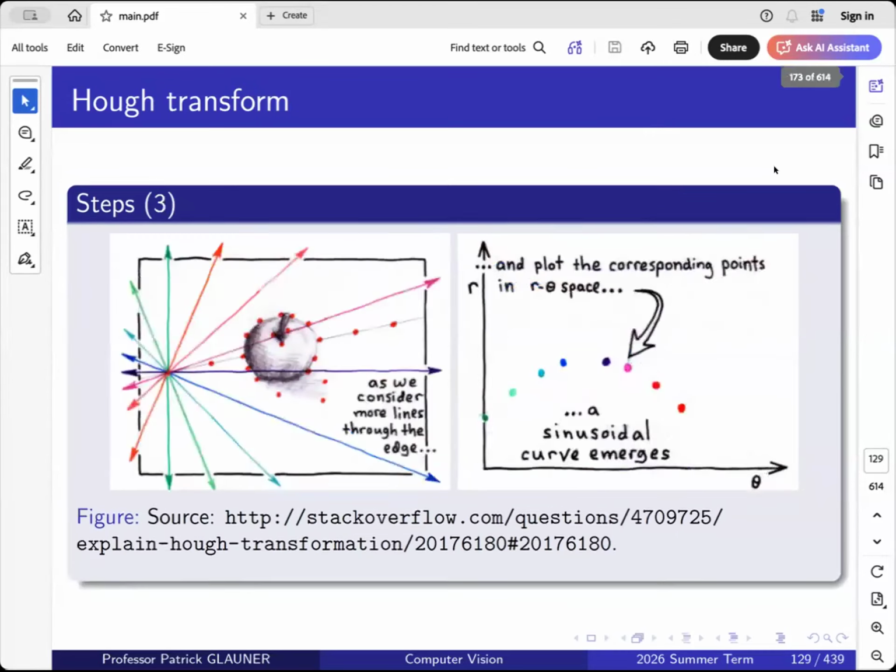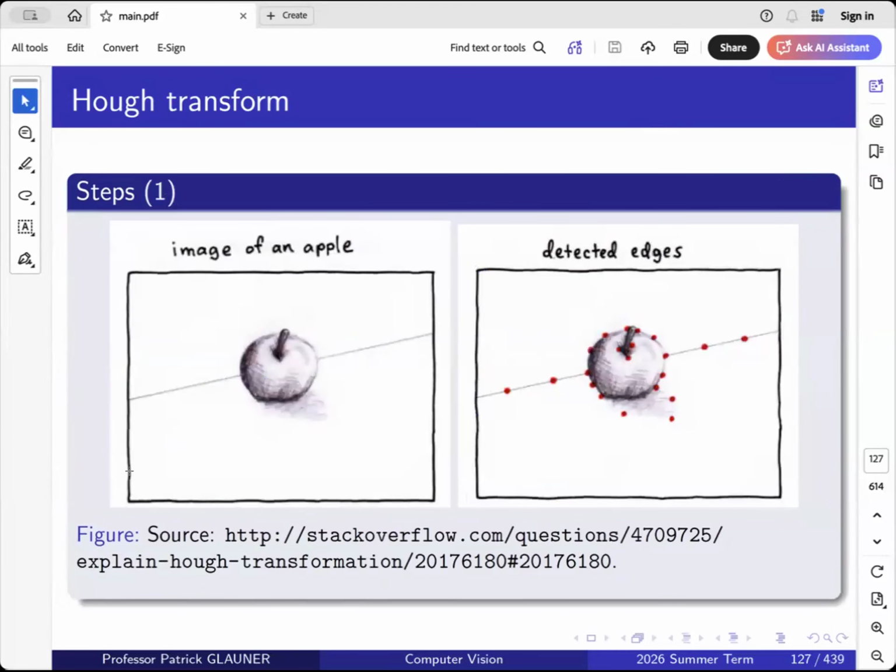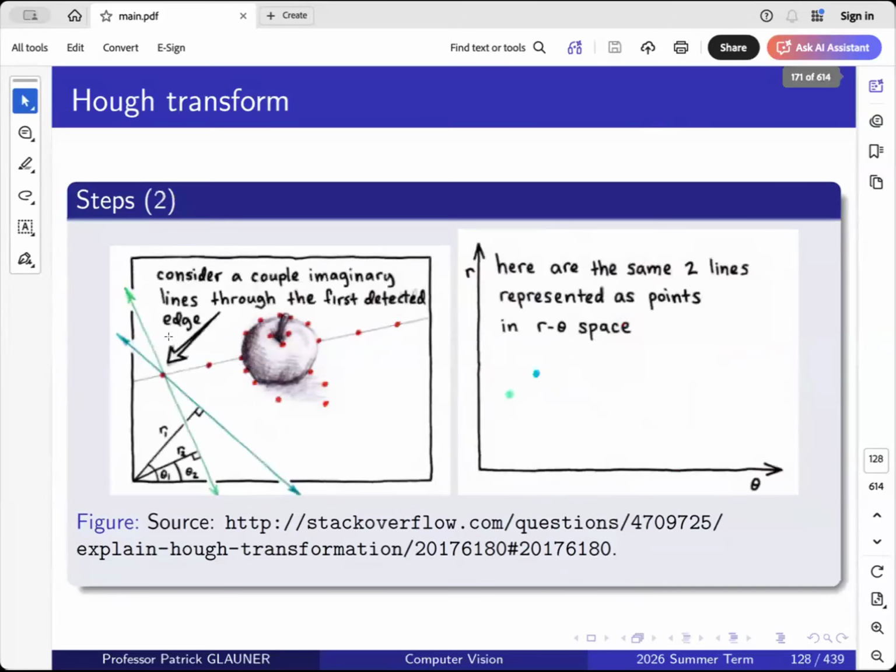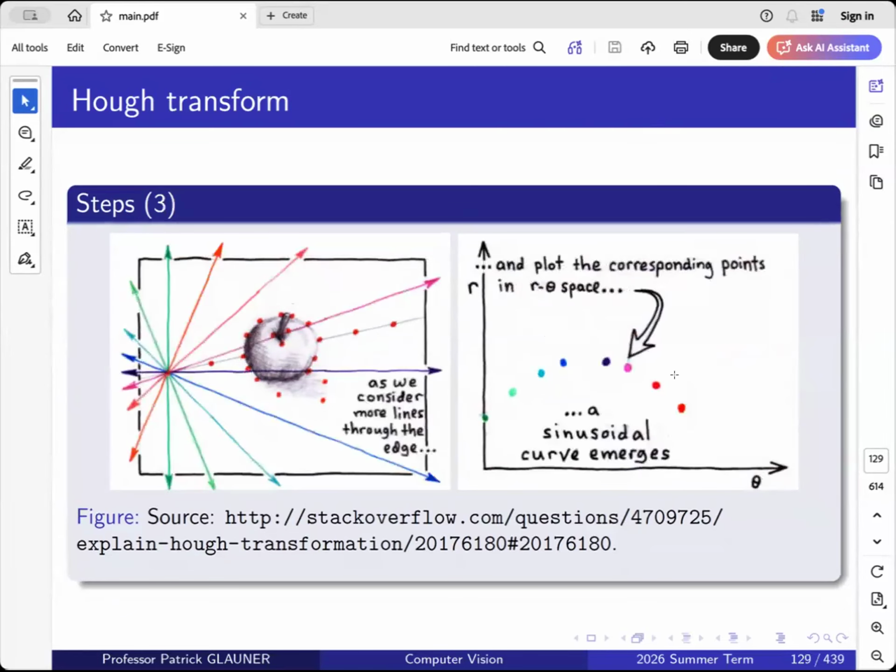I know it's a complex transformation. That's why we do it again. We have the image, we apply an edge detector, and then we put a straight line through the first edge, put it in r theta space, the next straight line through the first edge. We get all these points in r theta space. We have this sine curve, and that sine curve describes all the possible straight lines through the first edge.